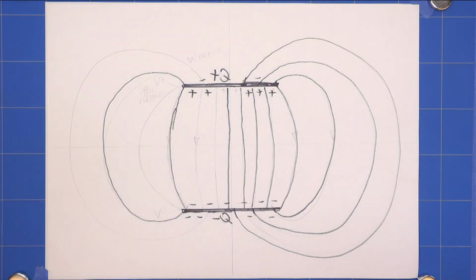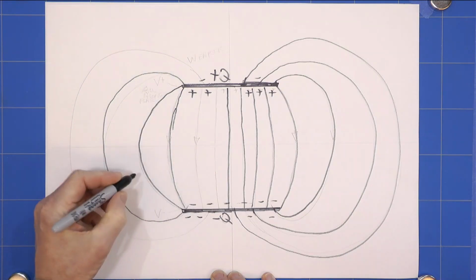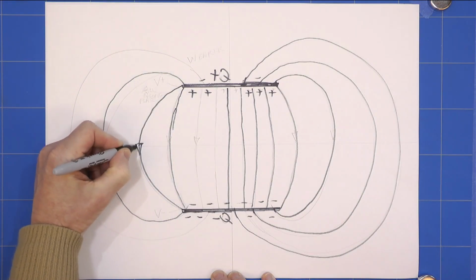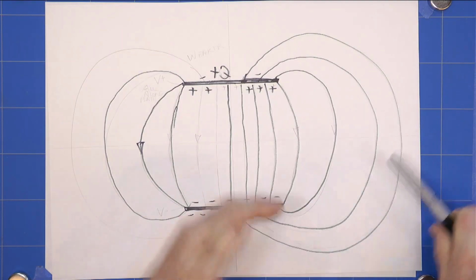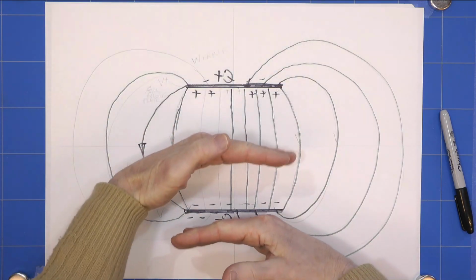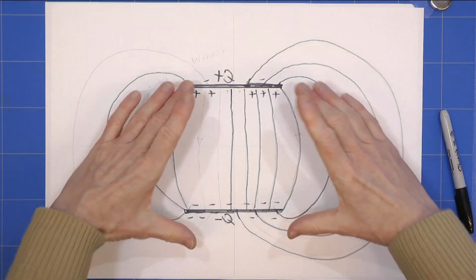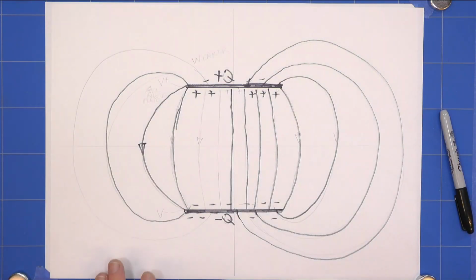I've shown it here. There are more. It's just a representation, but essentially this is what we have. So the larger that gap gets, the more the field expands, and the smaller the gap, the more the field kind of moves in and is concentrated between the two plates.